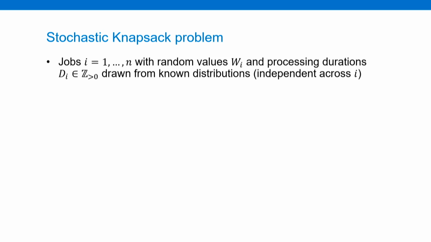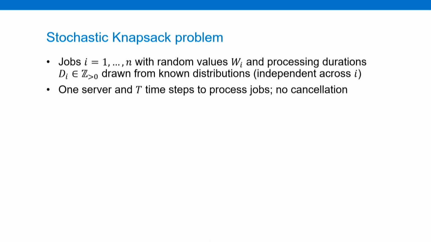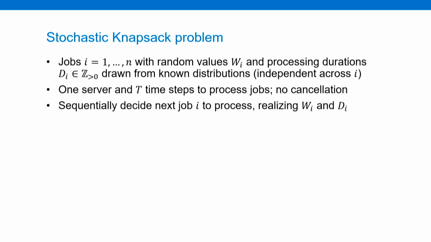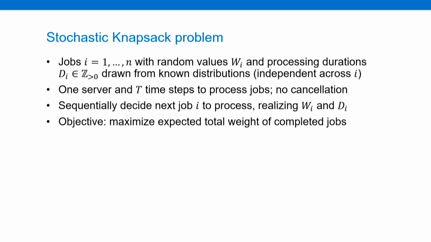They're independent across jobs, and I'm going to assume the processing duration is an integer. I have one server and t time steps to process jobs. I'm assuming I can't cancel a job once I start. When I sequentially decide the next job to process, wi and di are realized. And my objective is to maximize the expected total weight of completed jobs.